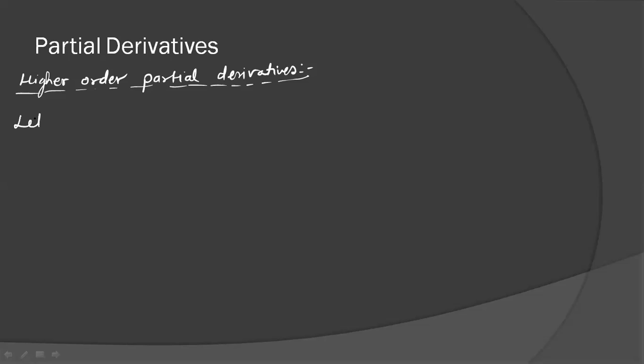So let z equal to z(x, y) or f(x, y), you can use any notation, be a function. I am discussing here for only 2 variables. It can be generalized for n variables also.